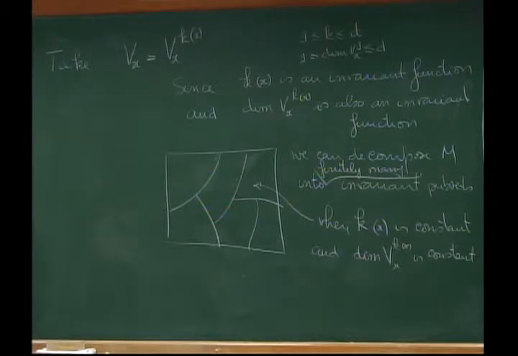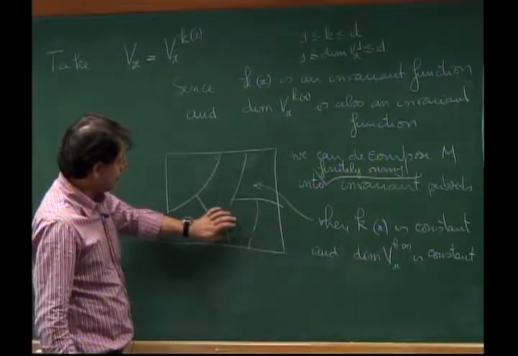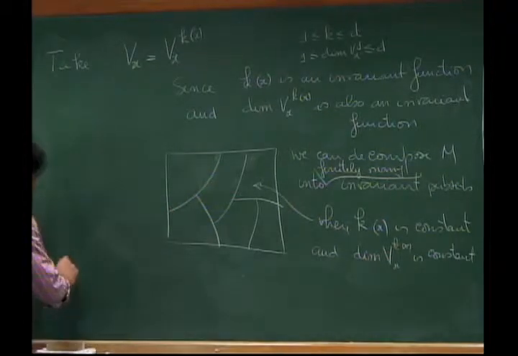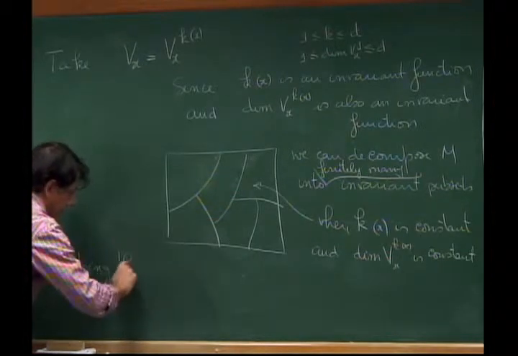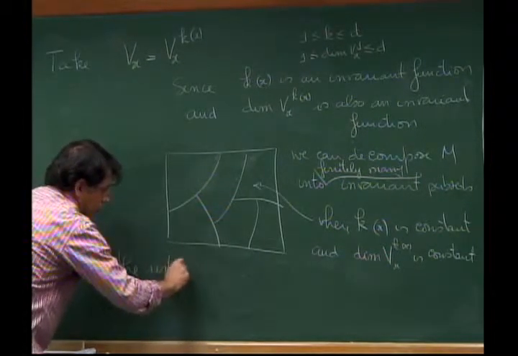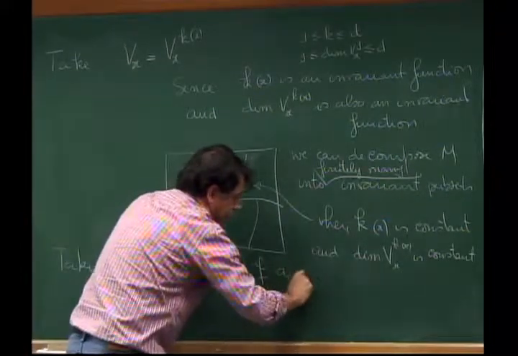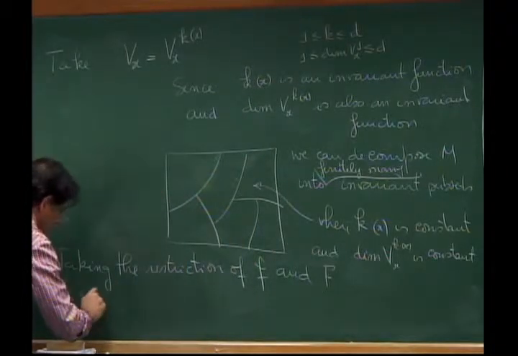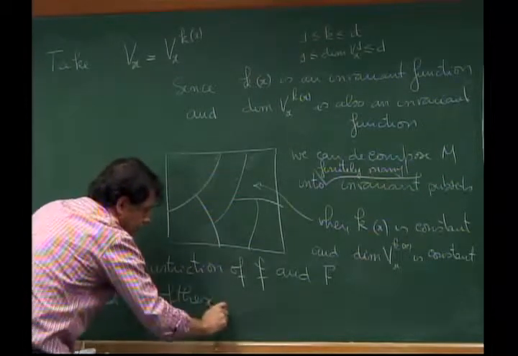okay? Now, what I can do is take the restriction of my cocycle to each one of these invariant subsets.